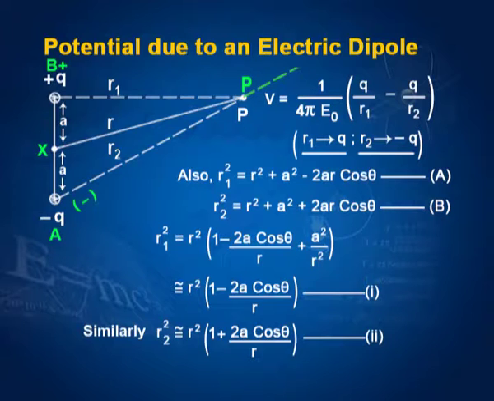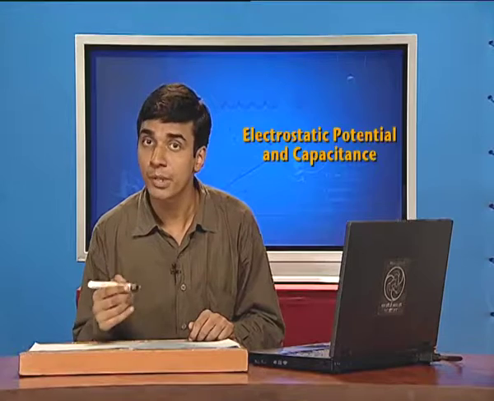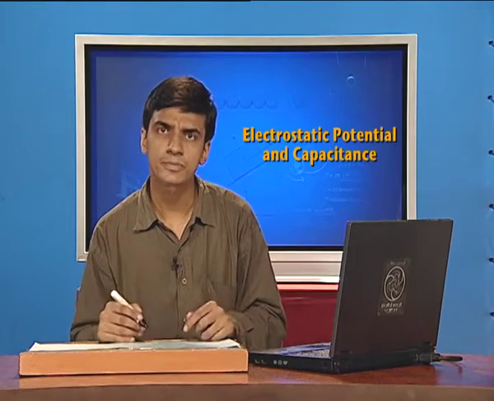But here I am seeing something quite different. The distance between the two charges is 2a, so the distance of this point from X is a, and from X to A is a. And if I look at them, I will have something quite familiar which I can do quite easily.